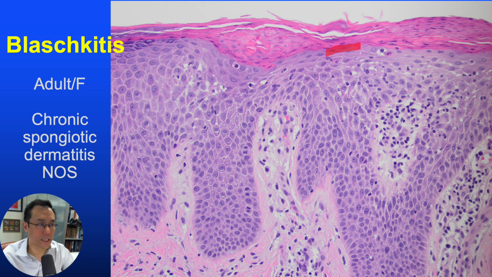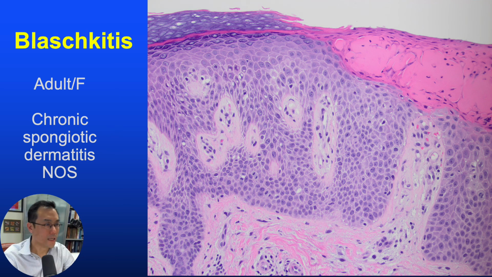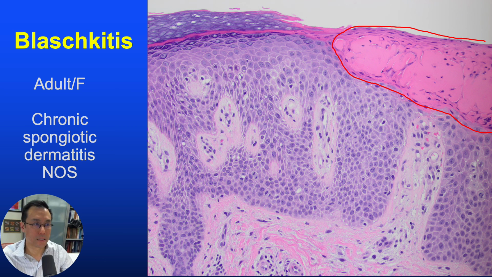The spongiosis is invariably accompanied by varying degrees of lymphocyte exocytosis, and there's also a seemingly random necrotic keratinocyte here. Serum crust in the stratum corneum is a commonly encountered finding in spongiotic dermatitis in general, but is not specific for any one form of spongiotic dermatitis.